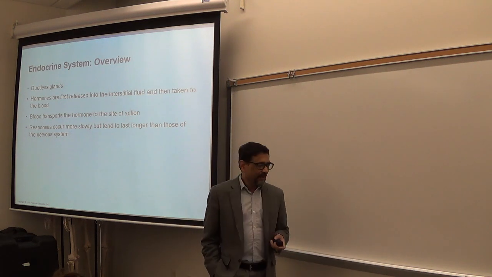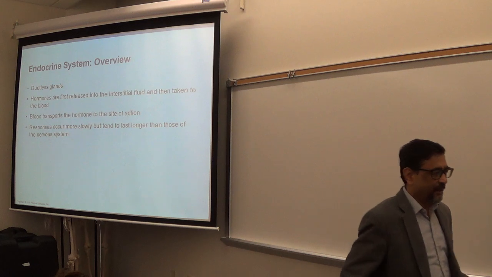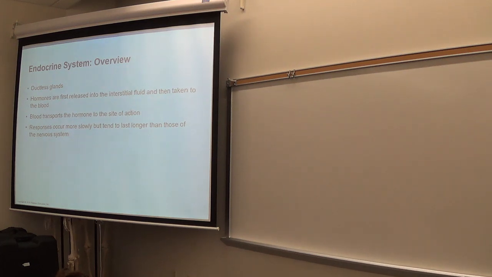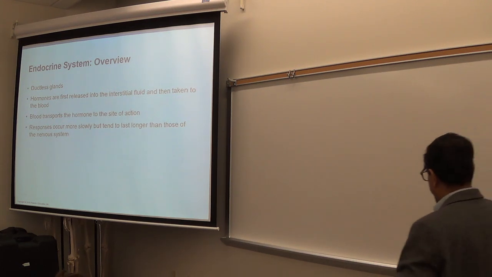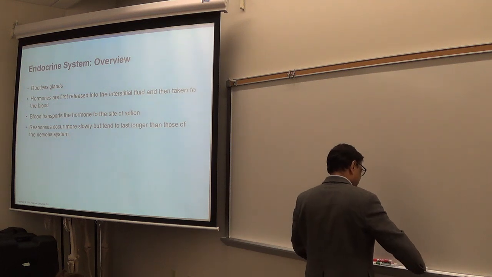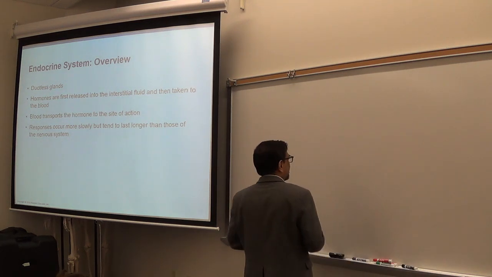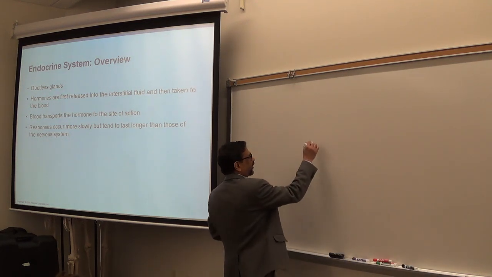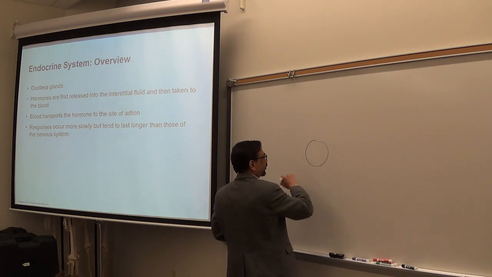So, endocrine glands are different than the exocrine glands. How the endocrine glands are different? If you see an endocrine and an exocrine gland, this is the endocrine gland.